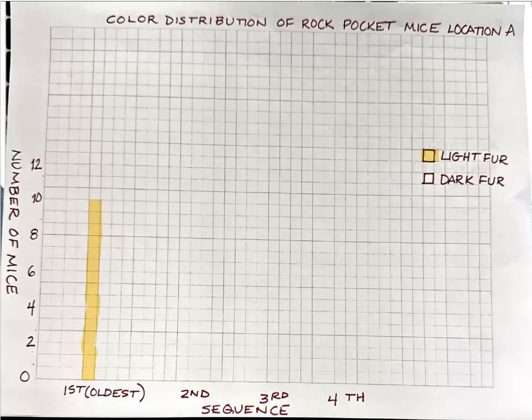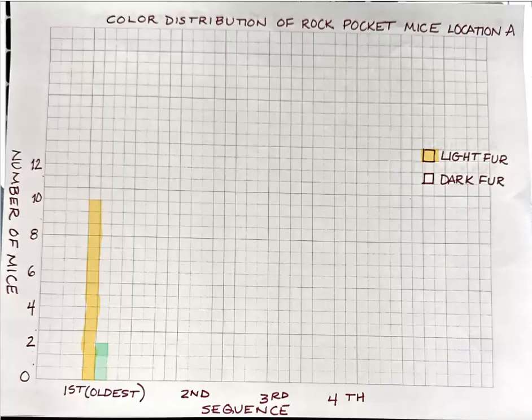And then my dark fur for location A, because we're doing location A right now, says 2. So I'm going to come over here and fill this in up to 2.